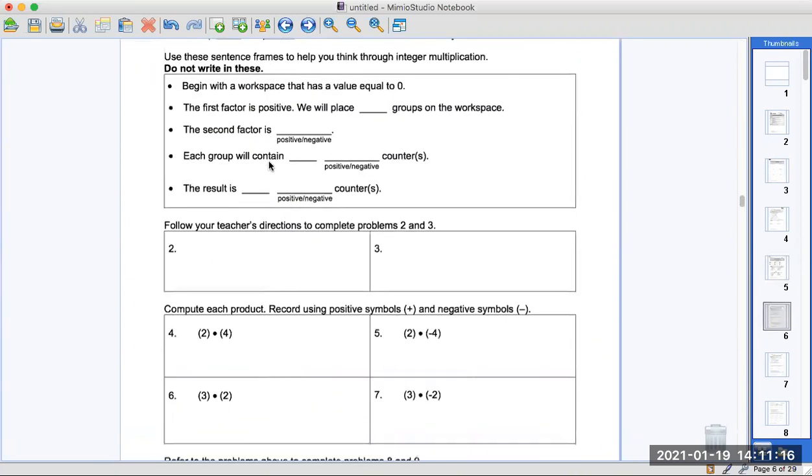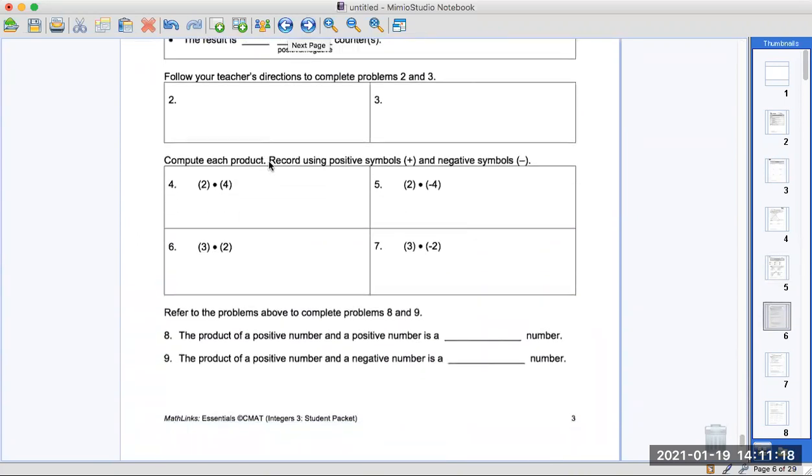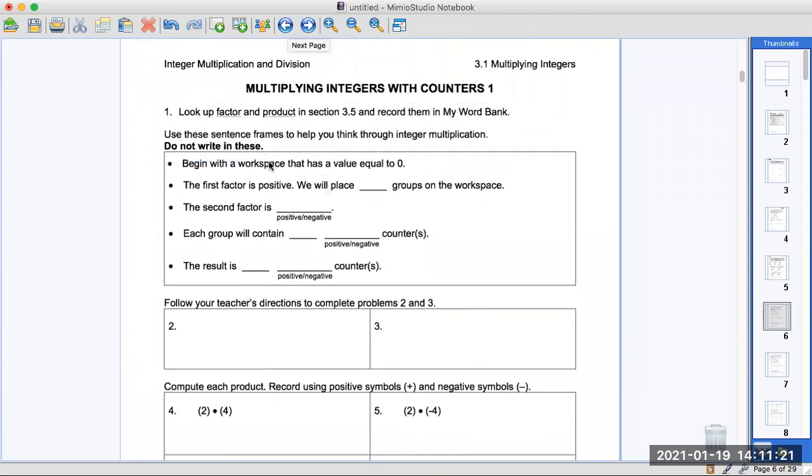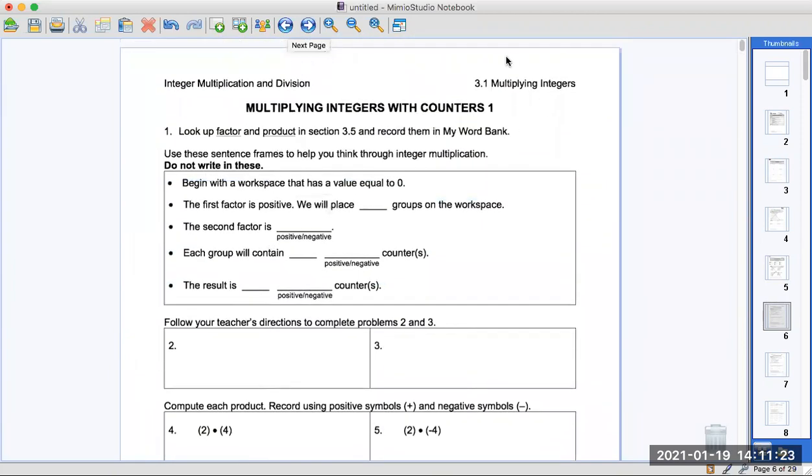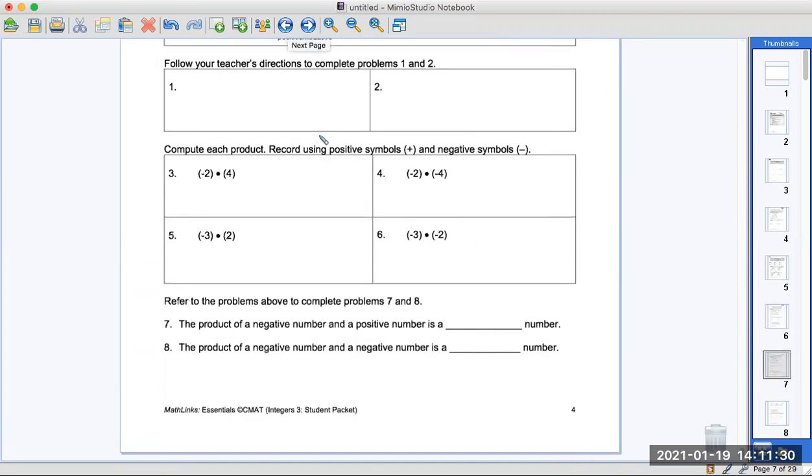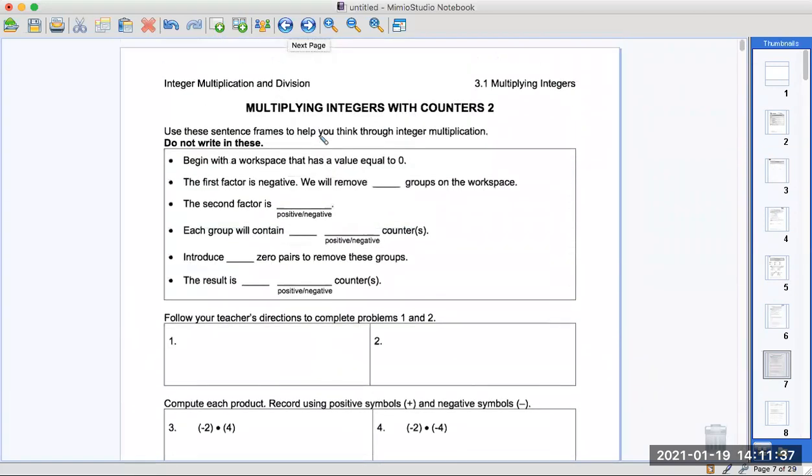And then we have page 3. Page 3 is notes. Page 4 is notes.